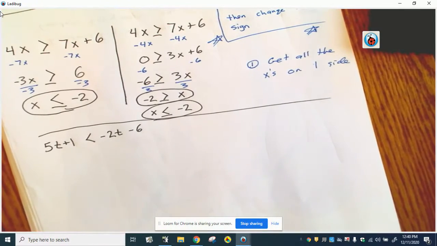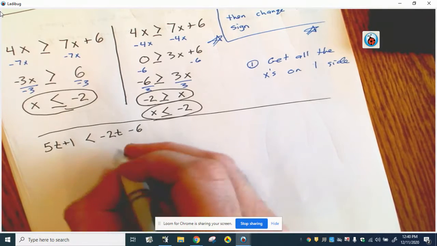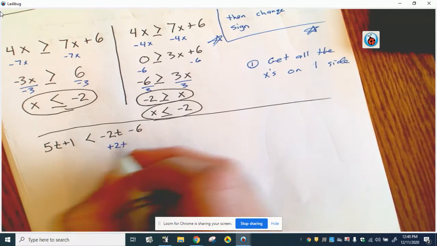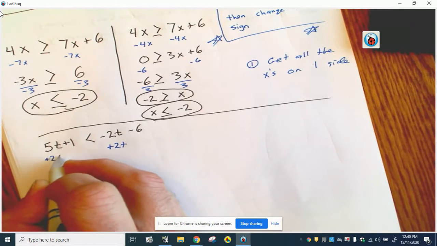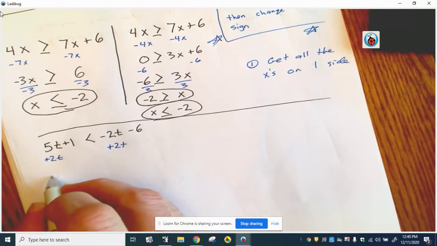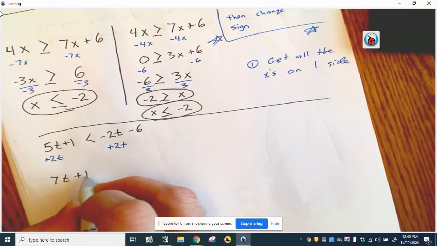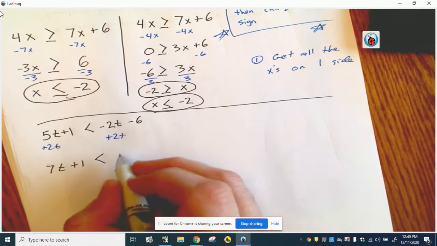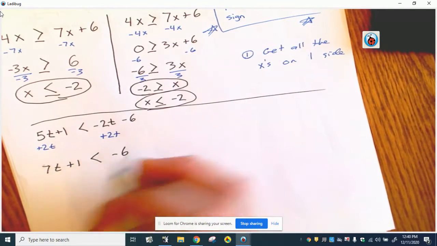So I would do the same thing here. I want to get all the t's on one side, so I would want to move to the left. So I would add the 2 t's. So I'd have 7t plus 1 is less than, not going to flip the sign, so we're just adding 2t. Those cancel, negative 6.